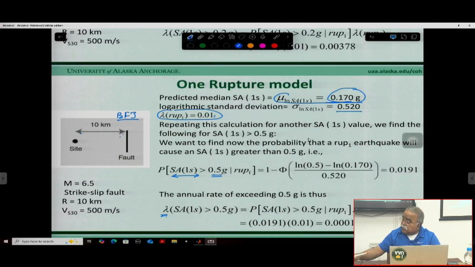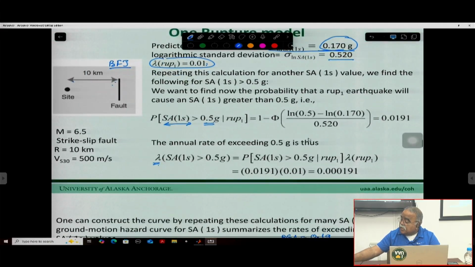And then we said that this will come as 0.0191, the probability of exceedance. So the annual rate of exceedance we can calculate with this probability value multiplied by 0.01. So that is your annual rate of exceedance, the exceedance values per year.